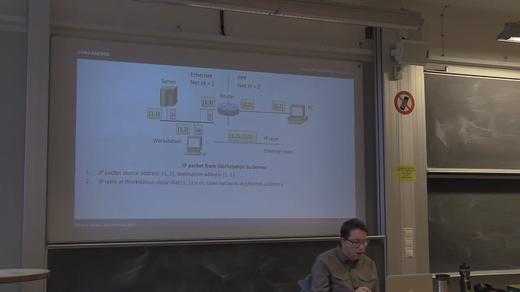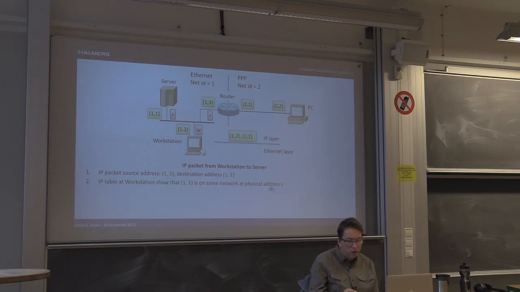Next, the IP layer here maintains a table that maps IP addresses to physical addresses. So it looks in this table at the workstation and figures out that 1.1 is actually on the same network. Because it looks here, network number 1. Well, I know I'm on network number 1. So it's on my network, and it's node number 1 on that network.